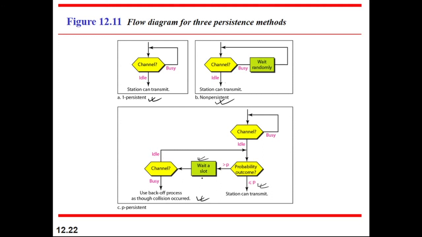So p-persistent, one-persistent, and non-persistent. P-persistence means the probability of sending our data through the transmission medium is p. Okay, so this is the flow diagram of the three persistent methods.